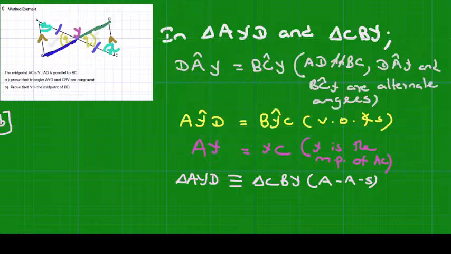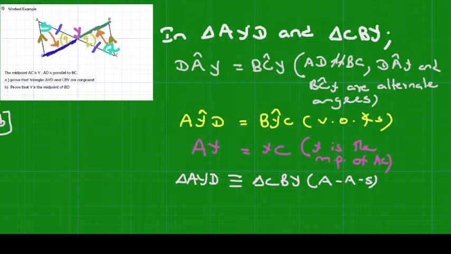When it comes to the ticked triangle, where is side DY? In front of X. When it comes to the cross triangle, where is the green side? That's in front of angle X. So what can we say about the blue and the green sides? They are corresponding sides of congruent triangles.